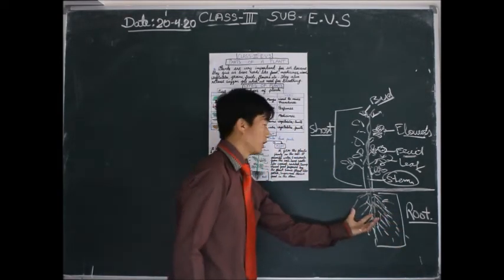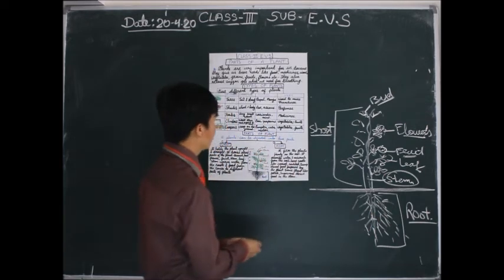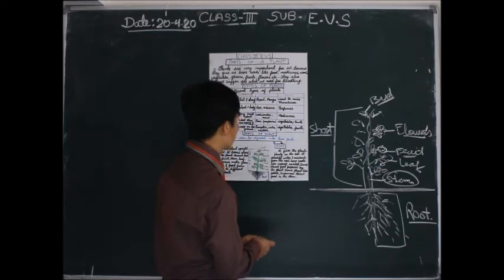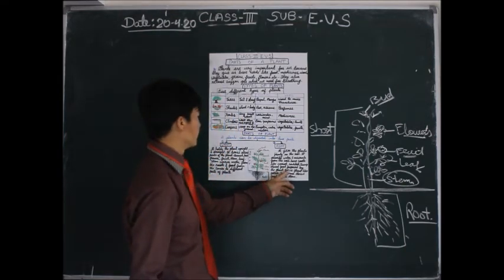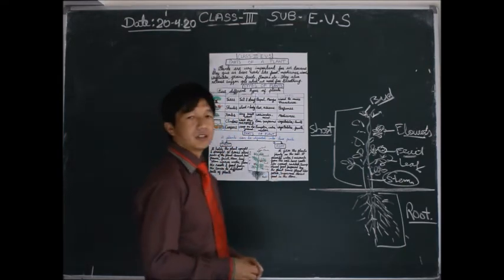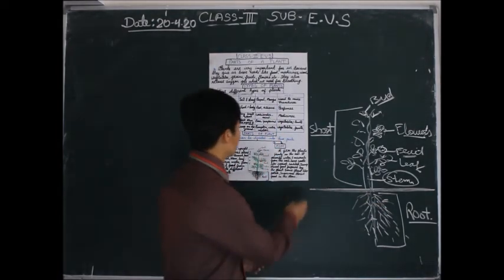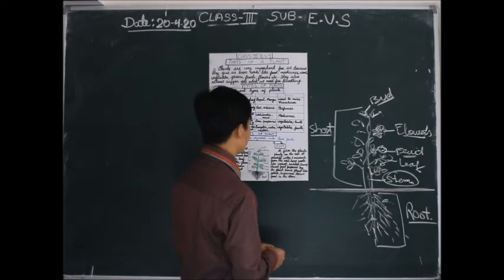And some roots like carrots, radish, turnips store food prepared by the plants.